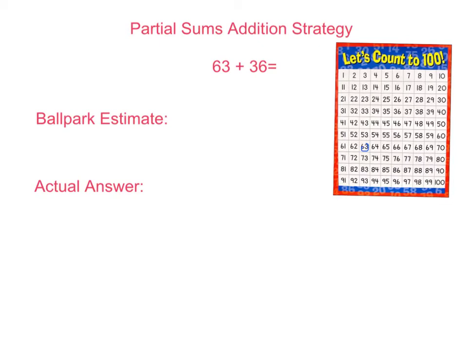Just looking, I can see that it is closest to 60. And then I'm going to find 36 up here, and I see that it's closest to 40. So 60 plus 40, 6 plus 4 is 10. Add that 0 back, so 60 plus 40 equals 100. That's my ballpark estimate.